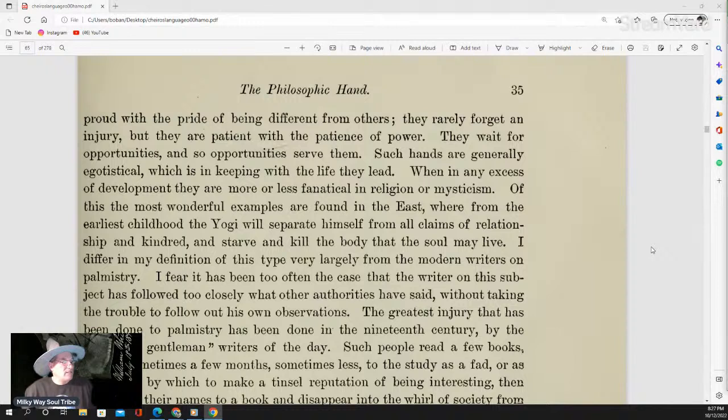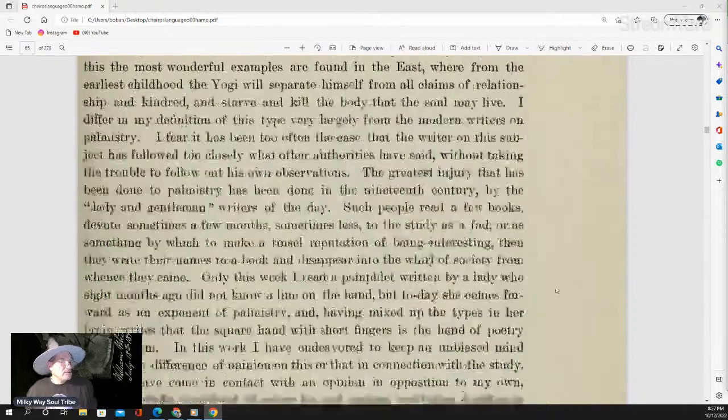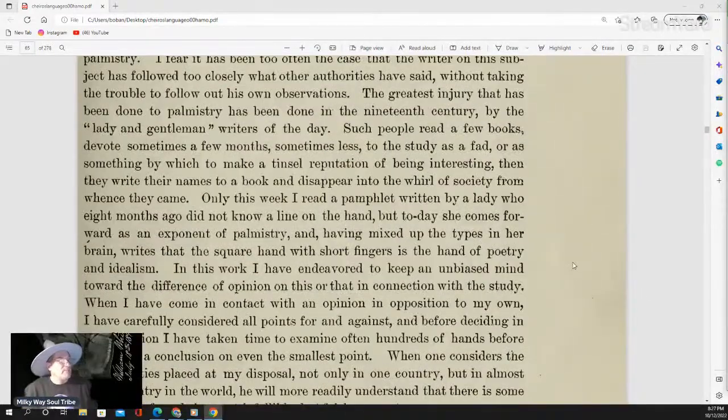I differ in my definition of this type very largely from the modern writers on palmistry. I fear it has been too often the case that the writer on this subject has followed too closely what other authorities have said, without taking the trouble to follow out his own observations. The greatest injury that has been done to palmistry has been done in the 19th century by the lady and gentlemen writers of the day.